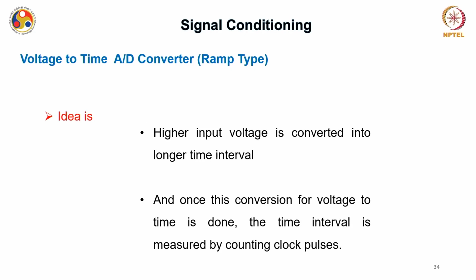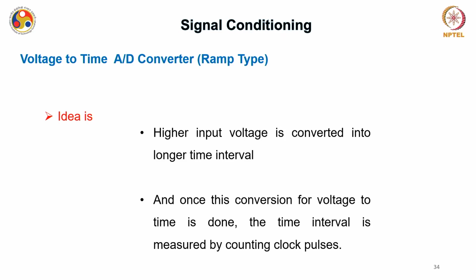So the idea is very simple. The idea is to have higher input voltage converted into a longer time interval, and once this voltage to time conversion is done, the time interval is measured by counting clock pulses, and that is why I initially mentioned that you need a clock and counter to measure this digital output. Okay.